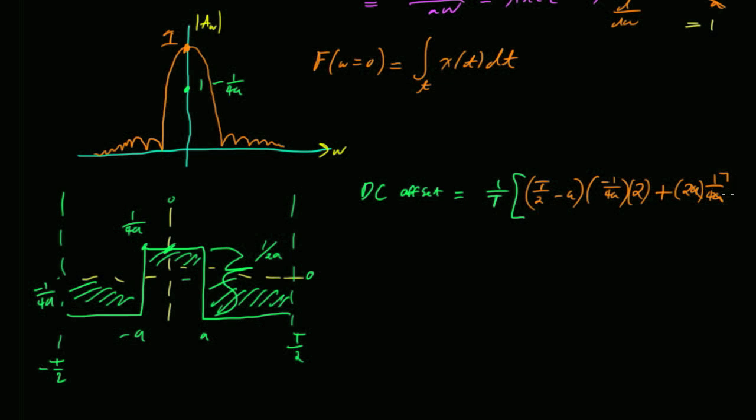Okay, good grief. Let's see what happens. 1 over T. That 2 gives me a 2 here. So I'm going to get minus T over 4A plus a half plus a half. So that's going to give me minus 1 over 4A plus 1 over T.